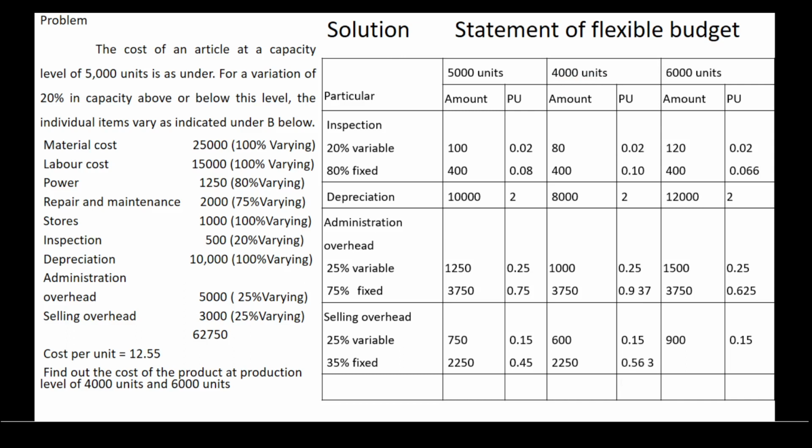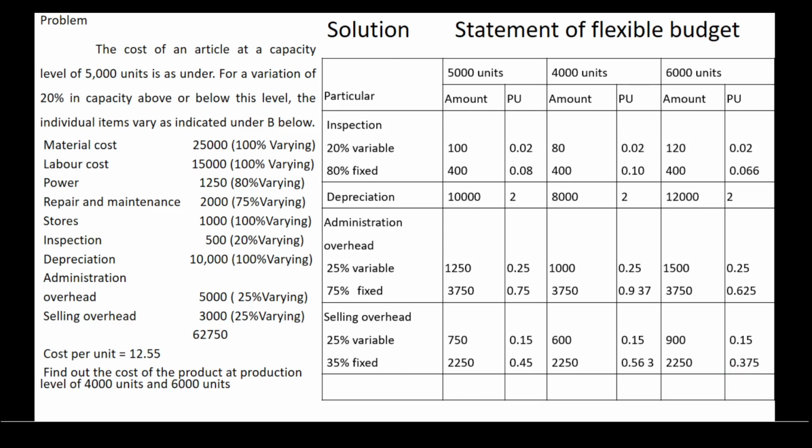So in the 6,000 units, here also the amount is rupees 2,250 rupees. So this 2,250 is divided by these 6,000 units. So now the cost per unit is 0.375.